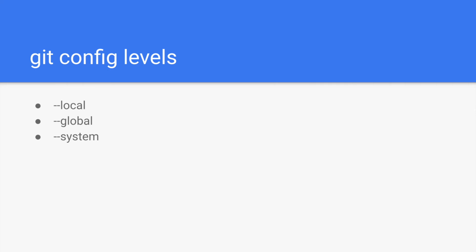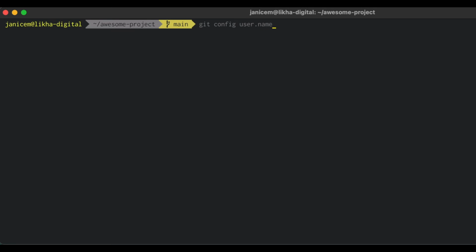Thus, the order of priority for configuration levels is local, global, then system. This means when looking for a configuration value, Git will start at the local level and bubble up to the system level. Let's demonstrate the local config level by adding our username and user email address on our awesome project.